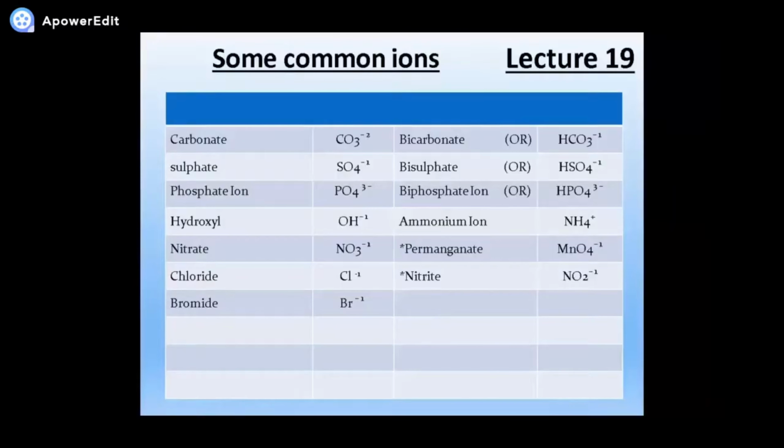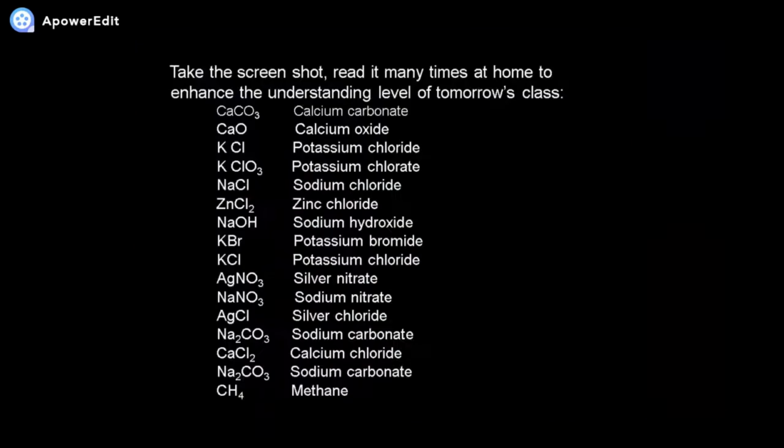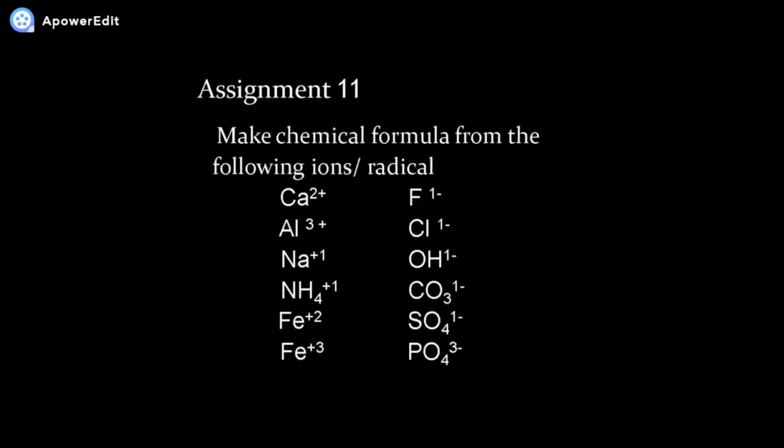So what is your homework? This is your homework. You are going to make pairs, make partners. Like the first one is calcium. I start with F, calcium fluoride, then calcium chloride, then calcium hydroxide.